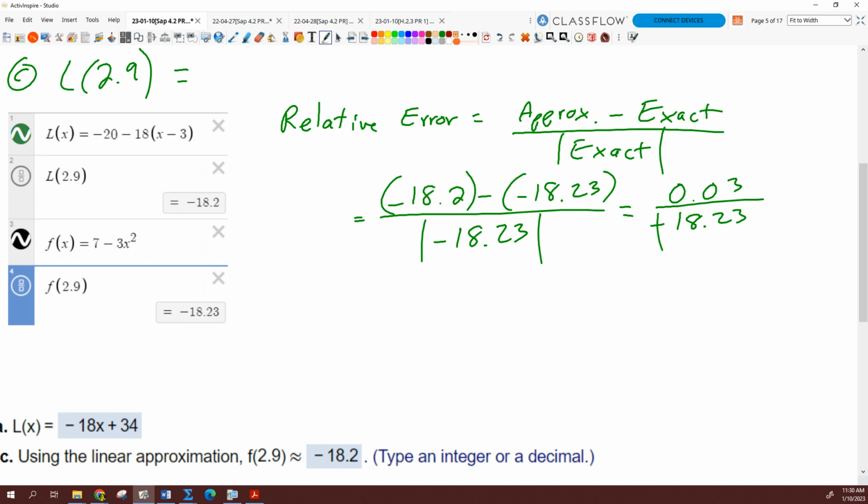What does that work out to be as a decimal, somebody? 0.001645. So we'll just take it out to 3 places, 0.00165. Okay. So what does that mean then? The fact that it's positive is meaningful. How come?